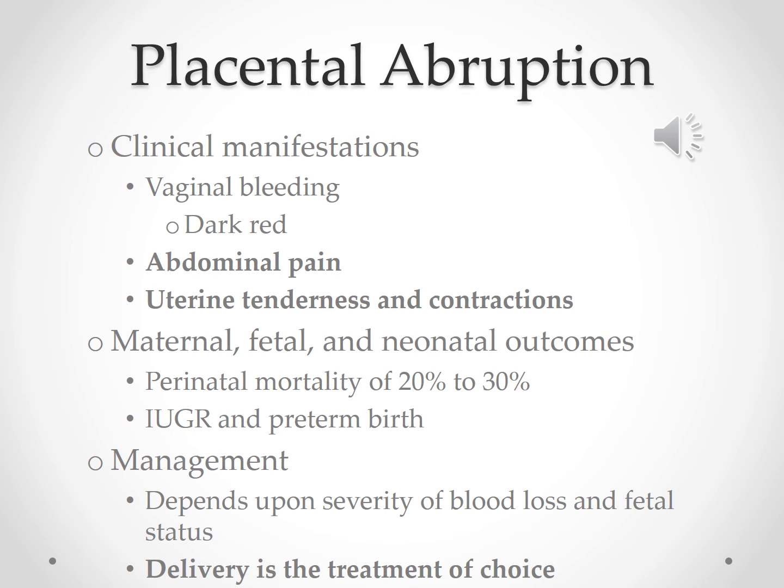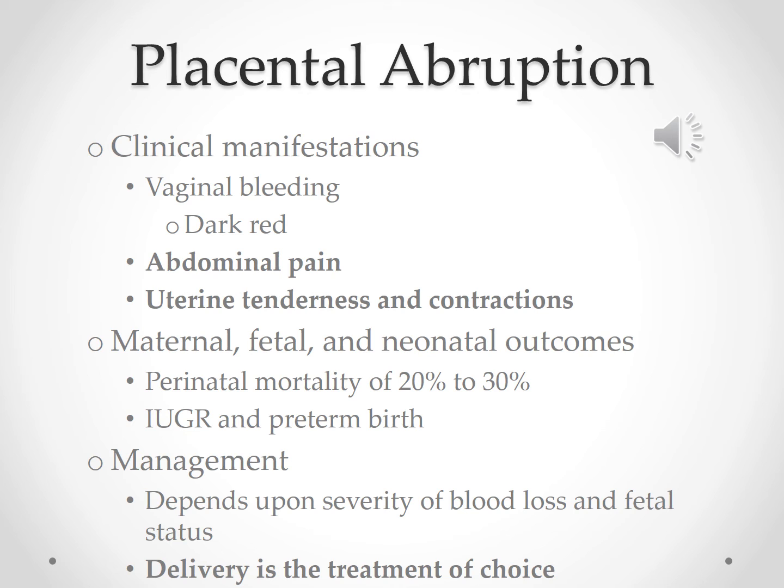So if you've got a patient that is hypertensive or has a history of smoking or drug use, cocaine use, and she starts complaining of abdominal pain, she's having elevated pressures, and you start seeing dark red bleeding, you think abruption.